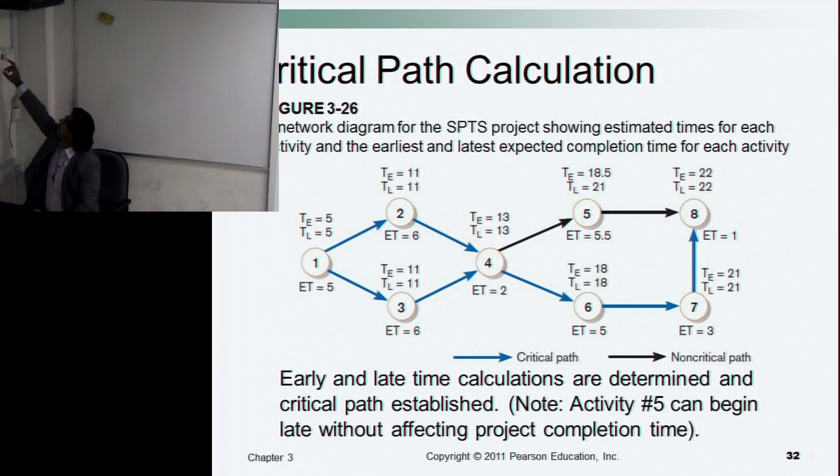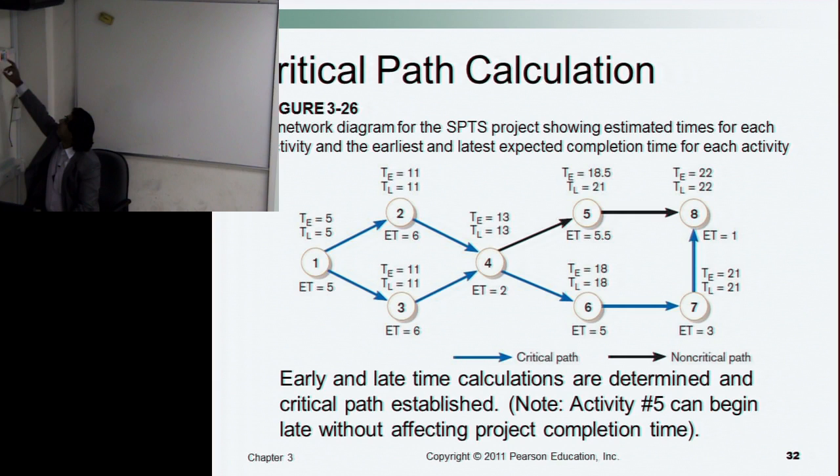Okay. Now you have to calculate the earliest time for activity 5. It depends on the expected time plus the earliest time of the preceding activity. So 13 plus 5.5 gives us 18.5.